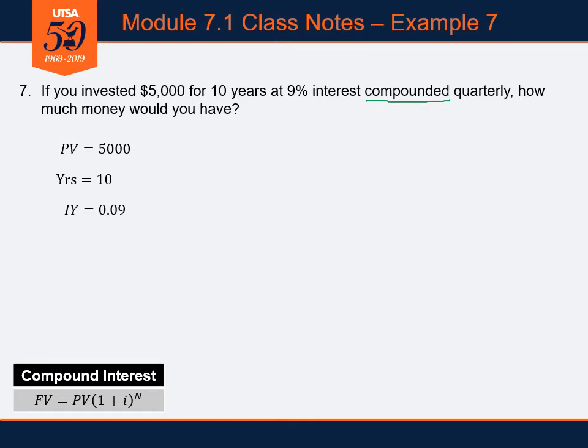Let's be consistent with the textbook here and call that IY for interest per year, 0.09. And then the interest is compounded quarterly. So we'll say CY, the compoundings per year. If it's compounded quarterly, then that's 4 times per year, each quarter.